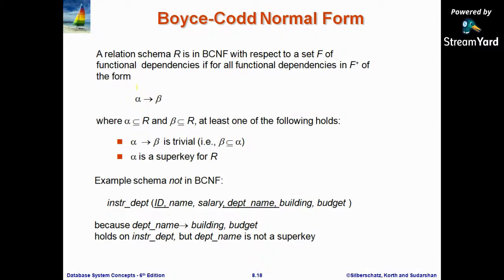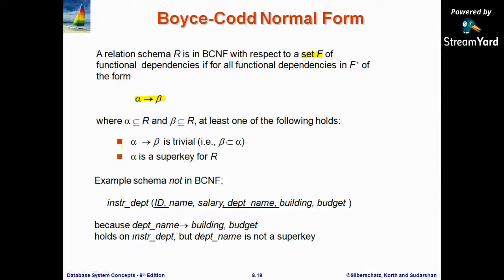Now we will first see how to check whether a relation is in BCNF or not. Every time, to check whether a relation is in BCNF, you first have to see the set of functional dependencies F. You have to see all the functional dependencies of type alpha tends to beta.